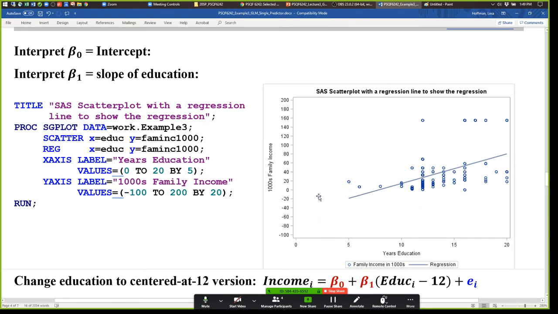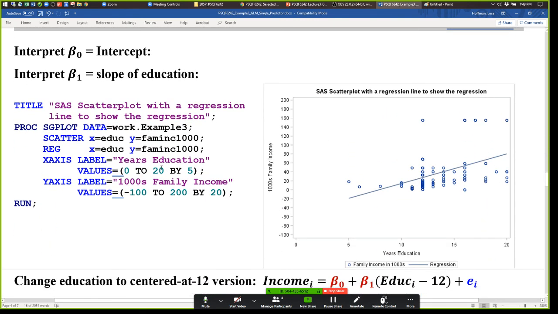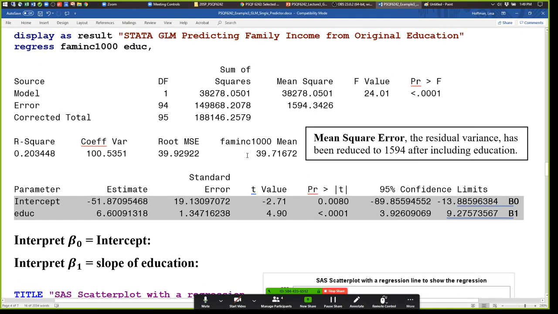And that goes with this picture where the intercept is out there. And here's the code that I made to make the picture, by the way, in case you're curious. And our residual variance is down to 1594 from 1980 before, so that's a substantial improvement.